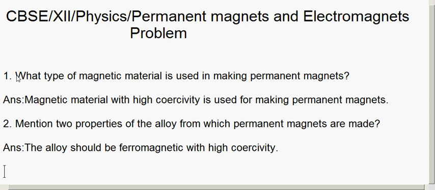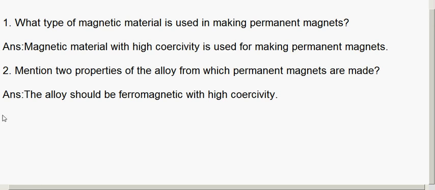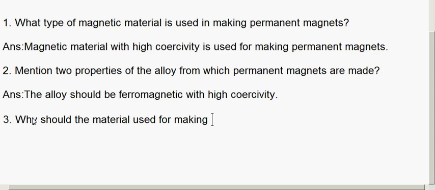Now next question is, why should the material used for making permanent magnets have high coercivity? Now we said it requires high coercivity, so why is the next question.